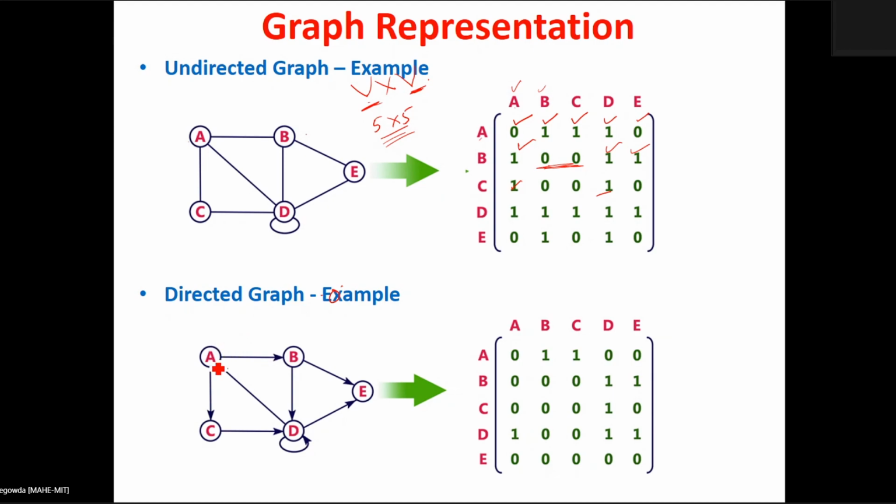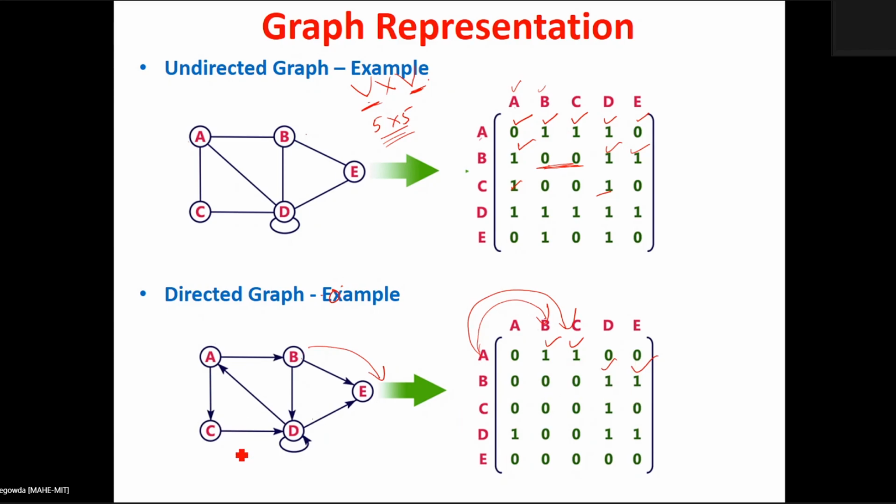A can reach B and C, not D. So there is a directed edge from A to B and from A to C. Similarly, from B we have a directed edge to E and to D, so only these two elements should be 1 and the rest should be 0.